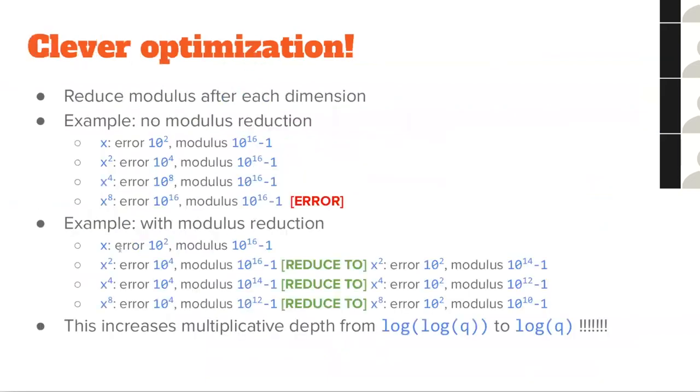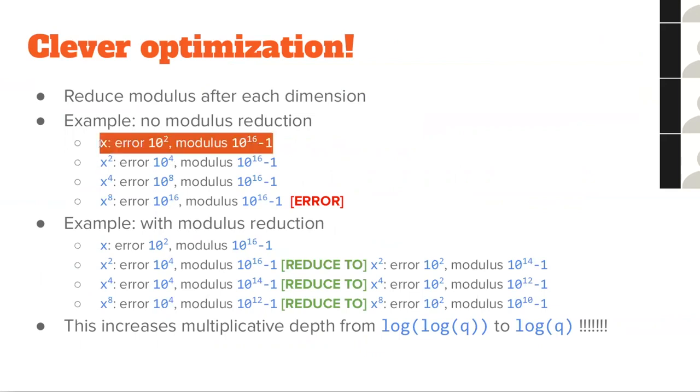So basically, imagine if instead of just doing a modulus switch before bootstrapping, we do a modulus switch after every multiplication, right? So if you don't do this, and you imagine a circuit that has some multiplicative depth, then your error is going to square every time you do a multiplication, right?